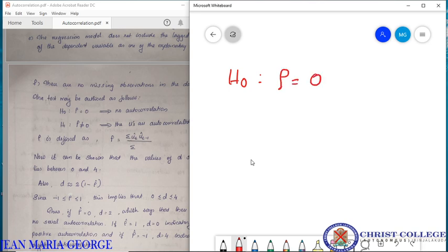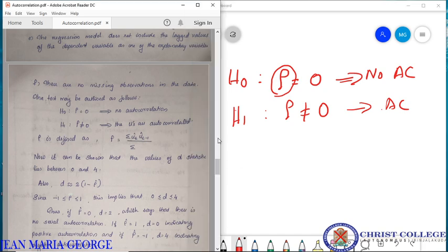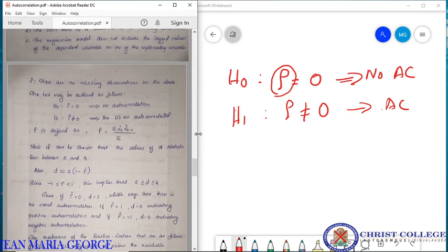Rho is the coefficient of autocorrelation, so this equal to 0 means no autocorrelation. Obviously the alternate hypothesis will be rho not equal to 0. That means autocorrelation can be there, either positive or negative autocorrelation can exist.